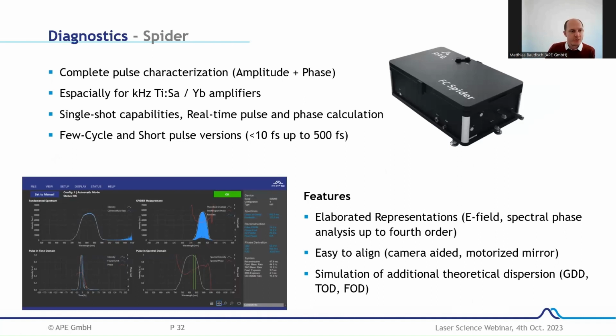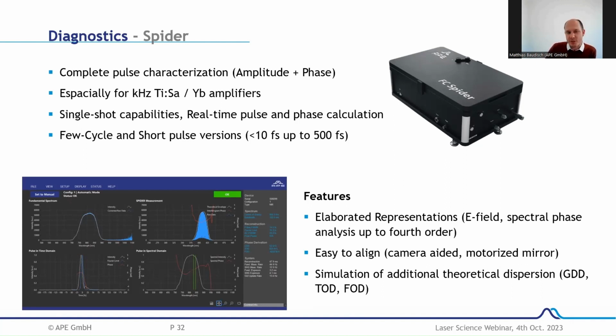There are different versions for few-cycle short pulses, and this means especially for amplified titanium sapphire lasers or for amplified very short chirped lasers, you can use this kind of device to see online, shot by shot, even if the repetition rate is, let's say, 1 kilohertz, what the actual pulse duration is and how it changes, for example, if you change anything in the laser settings or the compression.